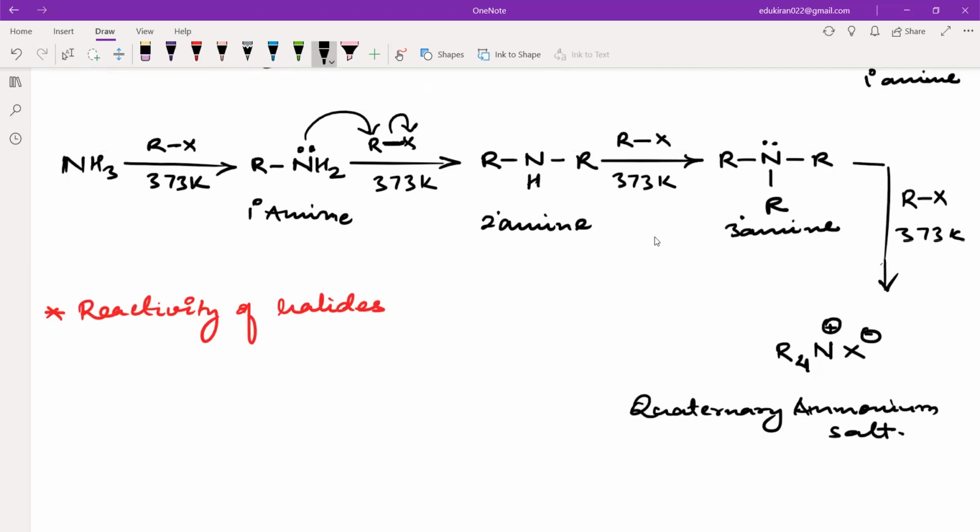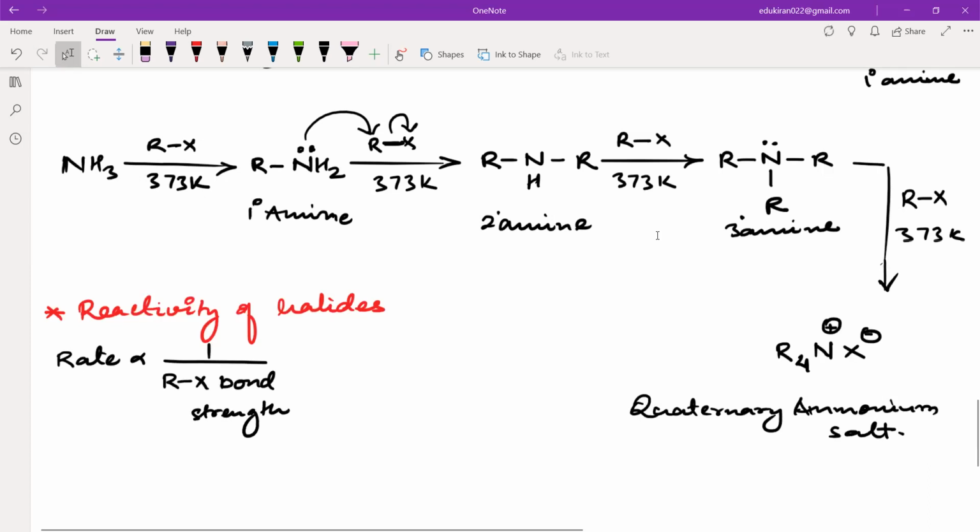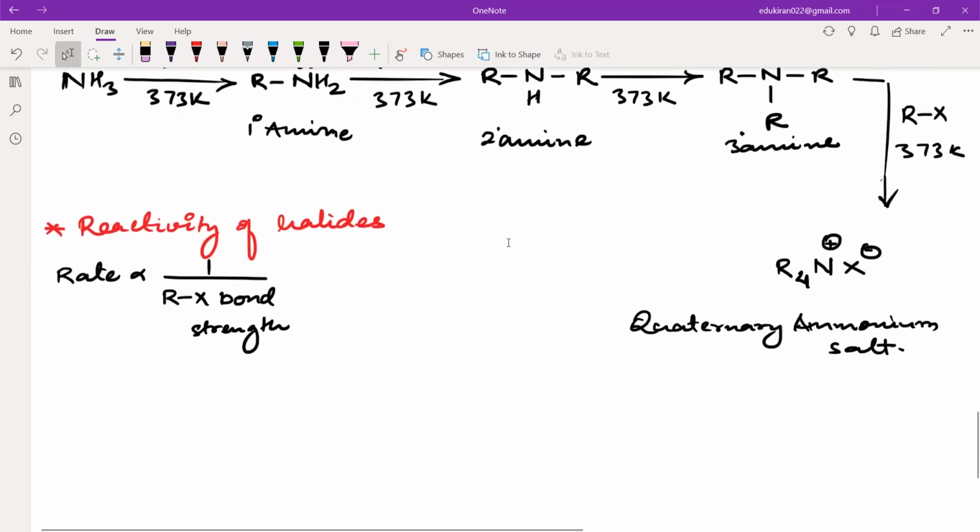So if the RX bond is weaker, the reactivity or the rate will be inversely proportional to the RX bond strength. If the bond is stronger, it will take longer and the reaction will be slower. And if the bond is very weak, the reaction will happen quite fast.